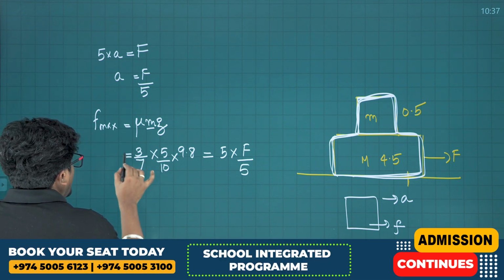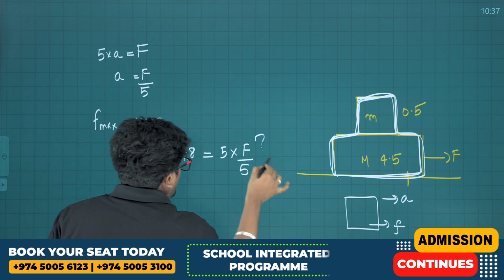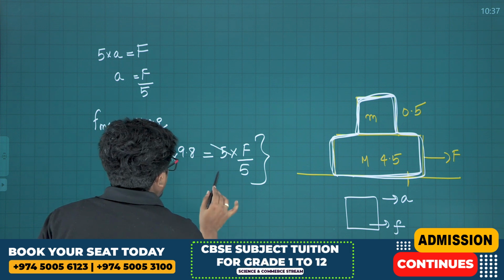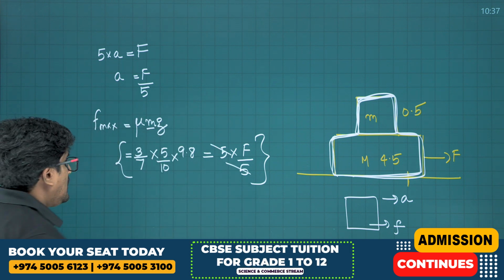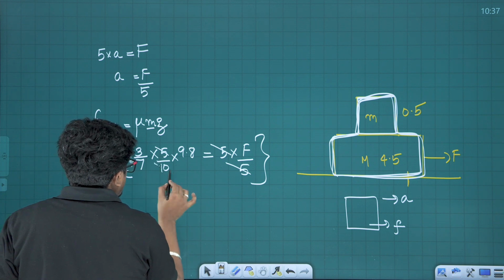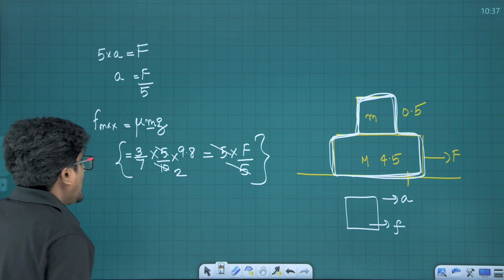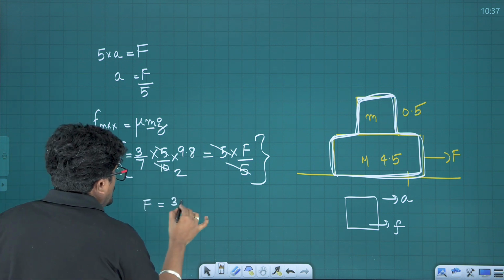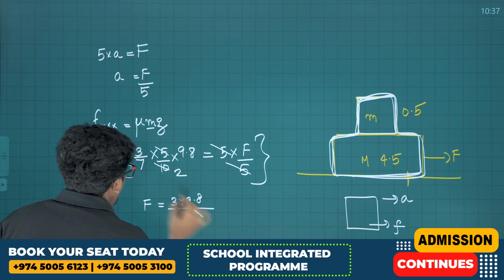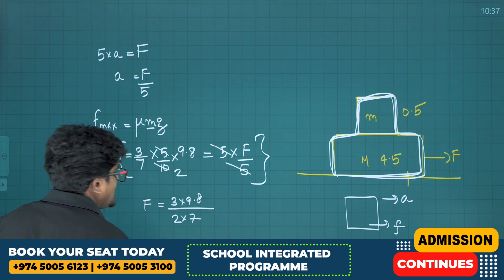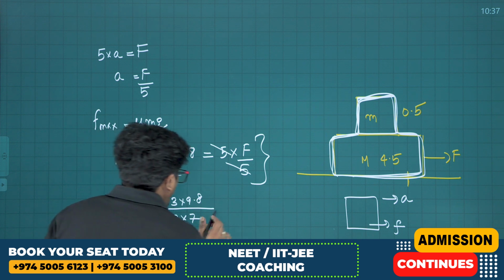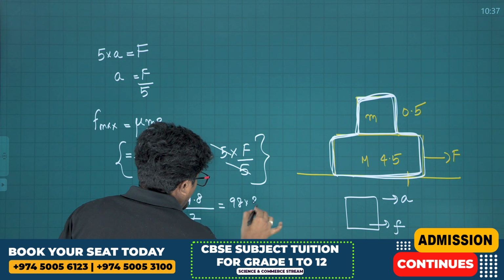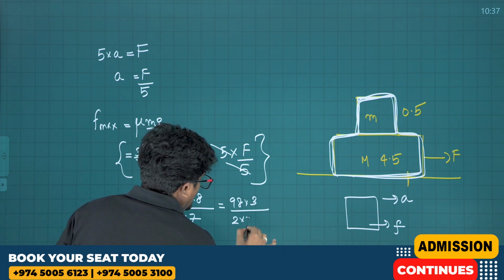Okay. Now here F max is equal to m into a. Now, of course, this one and this one will cancel each other. Now, further considering the cancellations, this will get cancelled. Now capital F is coming as 3 into 9.8 all divided by 2 into 7. Now, let me take this as 98 into 3 all divided by 2 into 7 into 10.